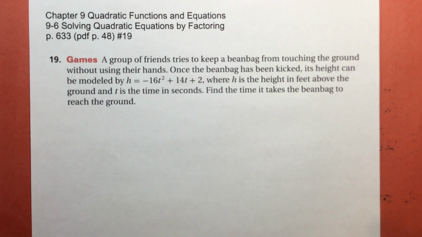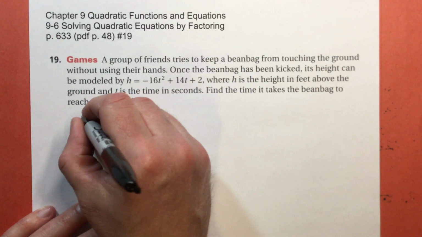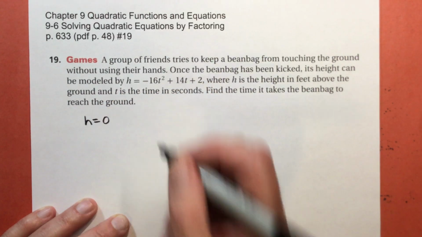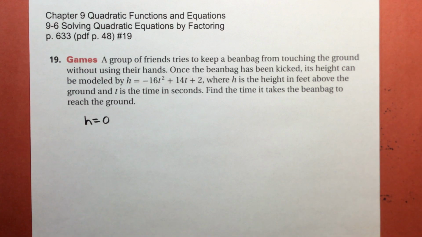What's the time it takes the beanbag to reach the ground? When it reaches the ground, h equals 0. The height of the ground is 0. That's your point of reference, and I know that in middle school science you talked about reference points. The ground is what you define it as.